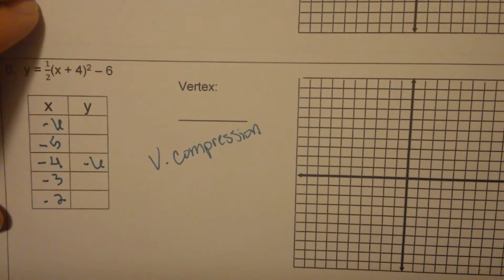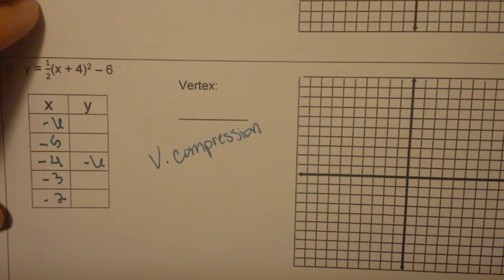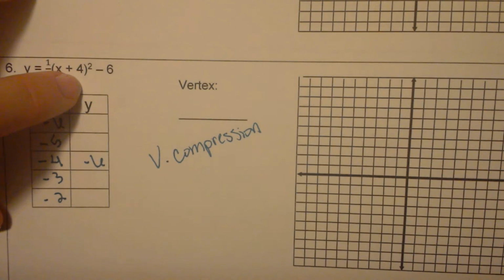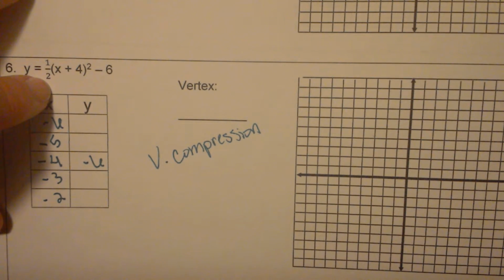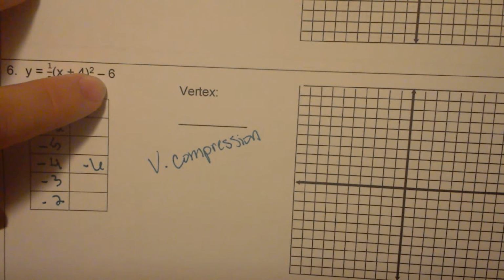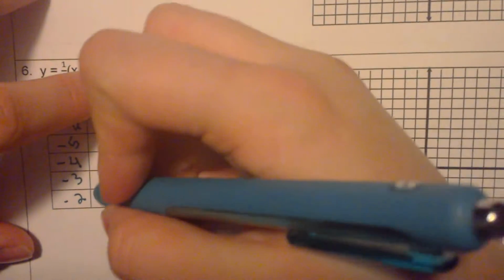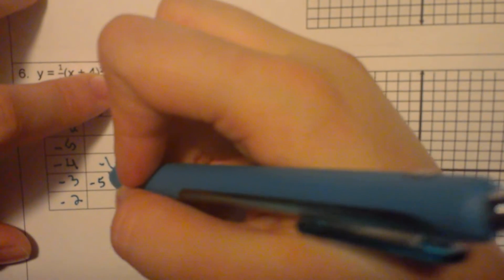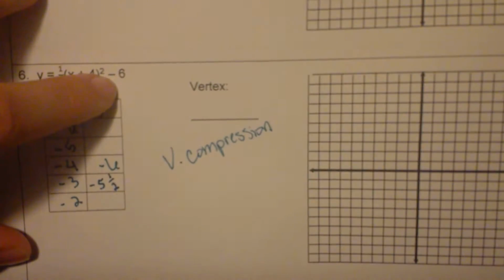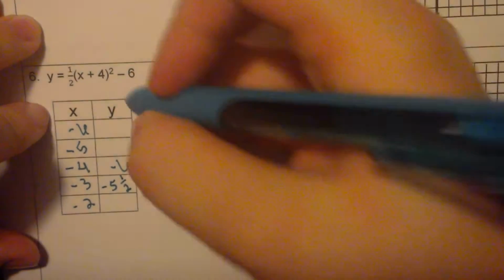So negative 3 plus 4, that's negative 1. I'm sorry, it's positive 1. Squared is 1. 1 divided by 2 is 1/2. And then minus 6. So it's negative 5.5. So this is also negative 5.5.